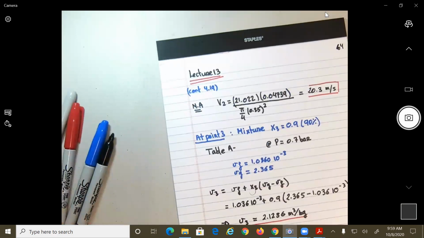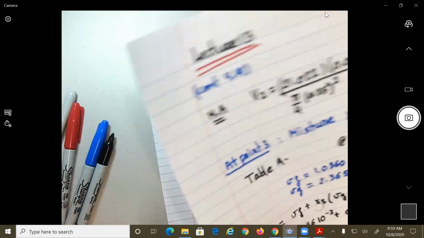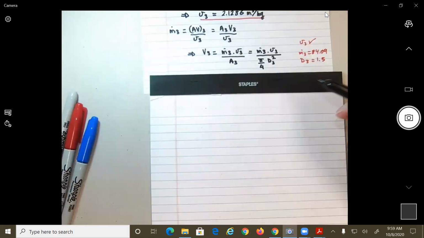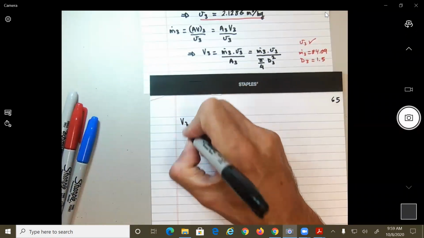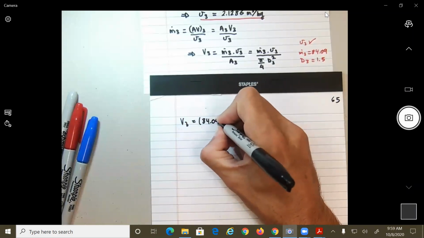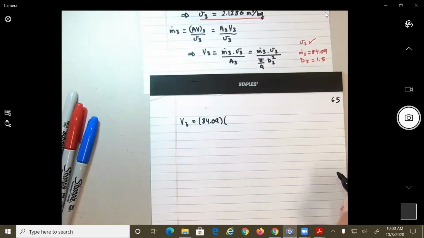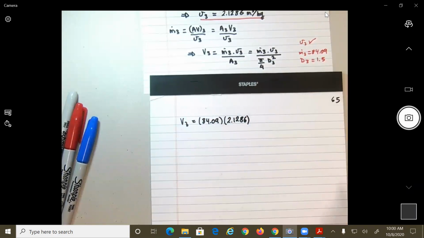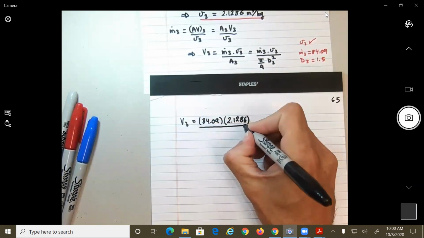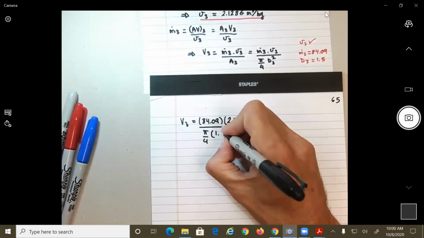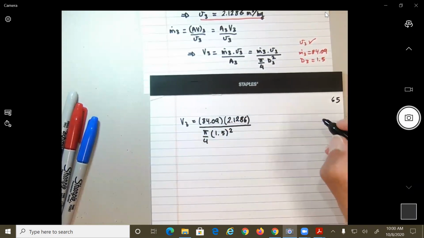So we go and do the numerical calculation. We're going to get what? V3 should be equal to 84.09 times V3, which is 2.1286, divided by pi over 4, and the diameter is 1.5 squared.